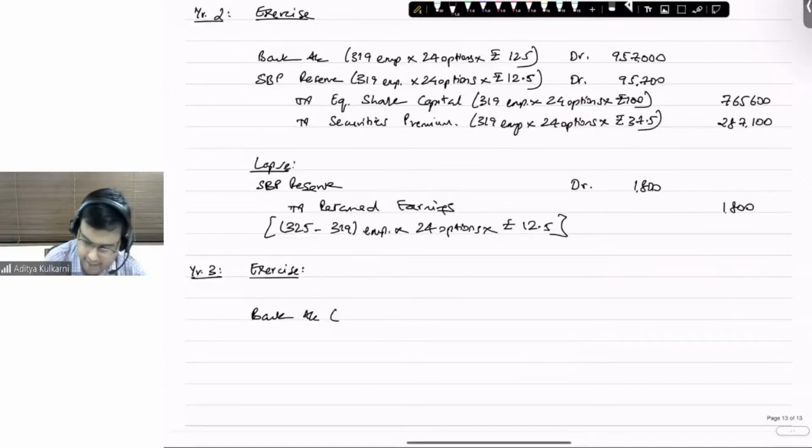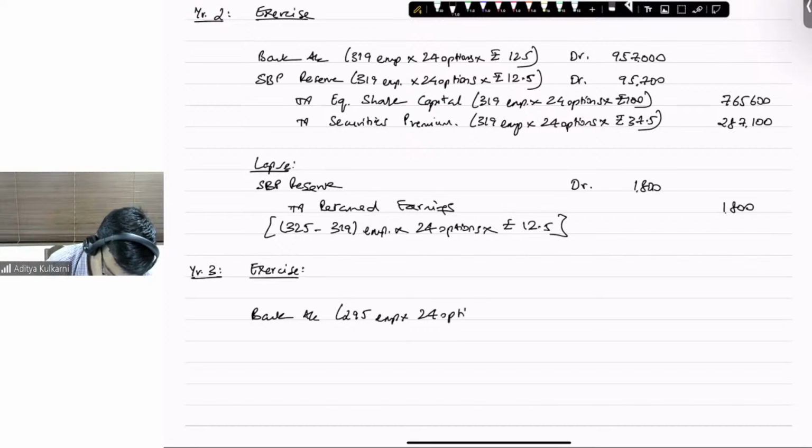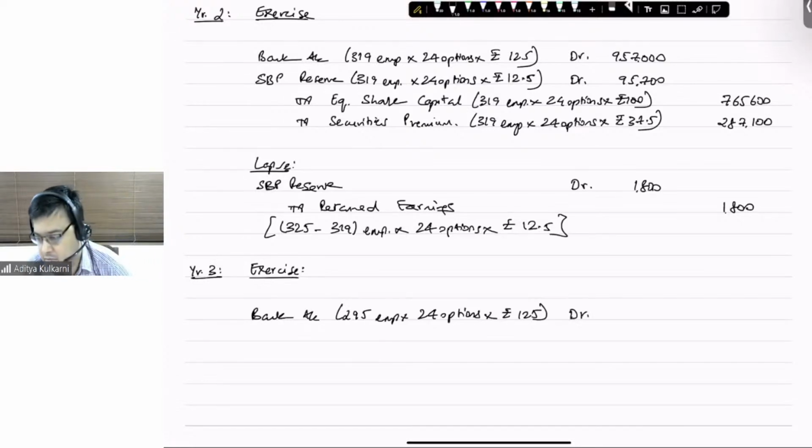So bank account debit: 295 employees into 24 options into rupees 125. 295 into 24 into 125: 8,85,000.